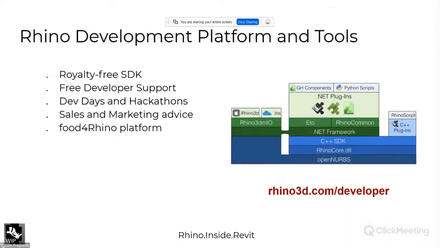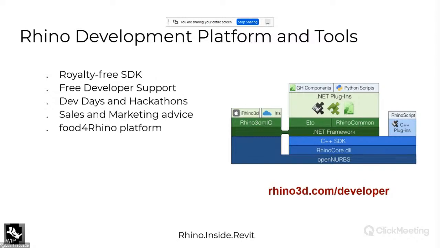Rhino is where it is today also due to its third-party developers, and third-party developers are attracted to Rhino because we have a very rich ecosystem of development tools. This includes all sorts of open source projects, but importantly, this is a royalty-free software development kit in various languages.